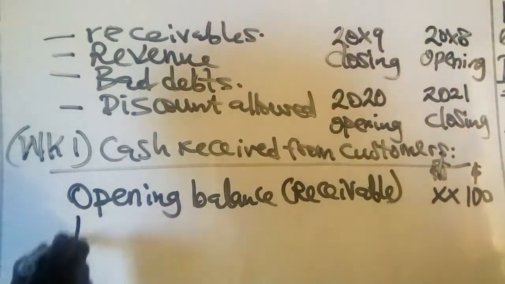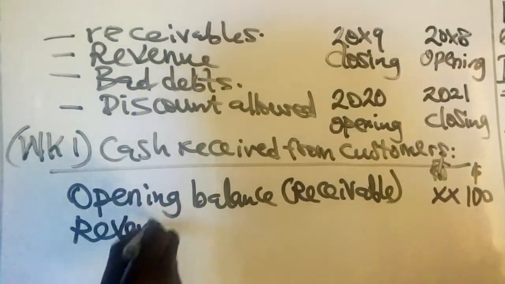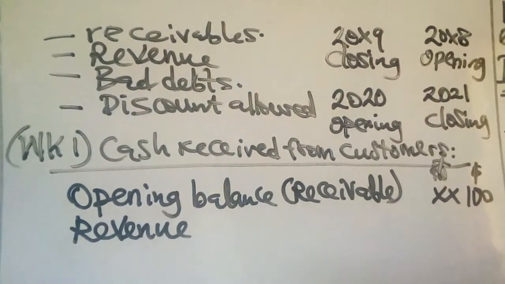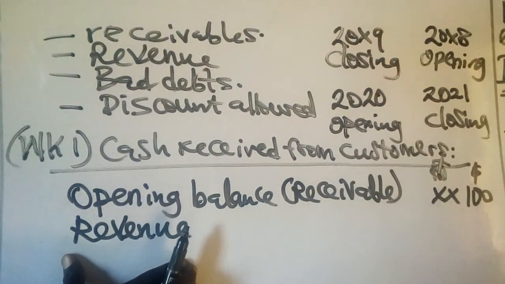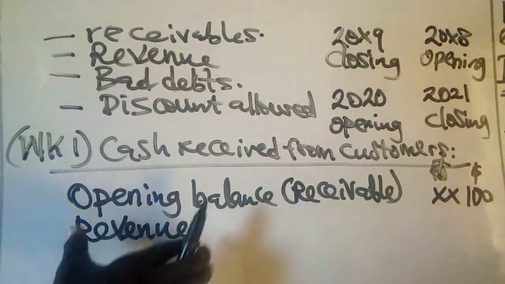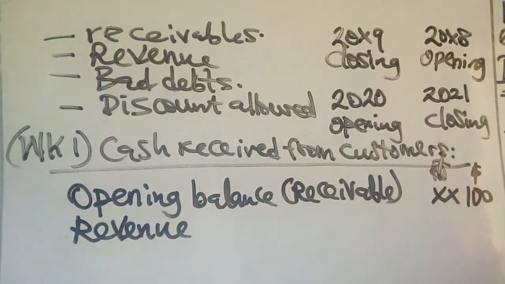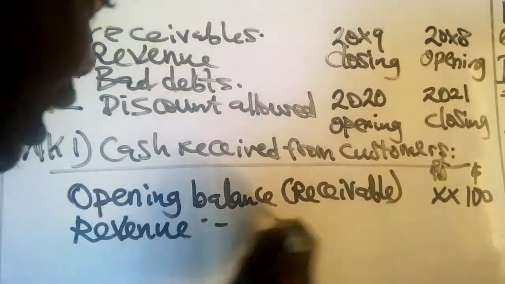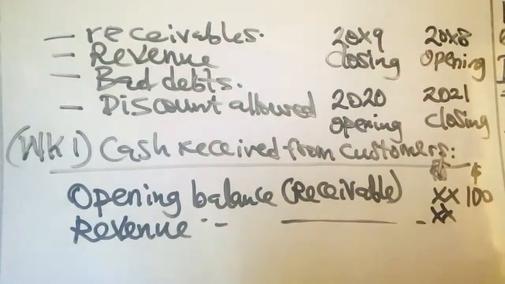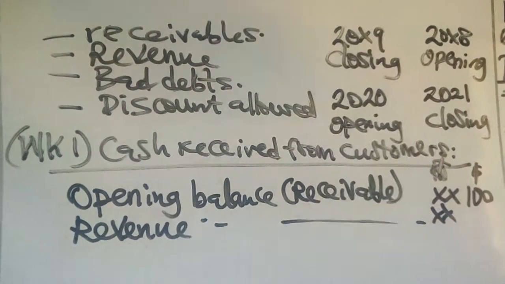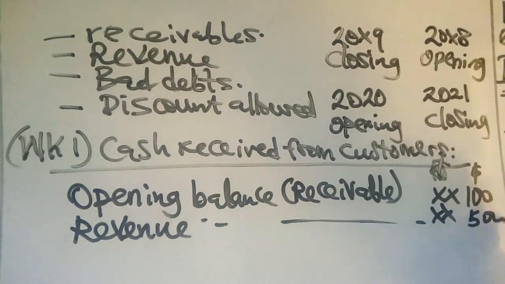Then you now have your revenue. Unless you are told it is cash, you don't need the cash revenue here. Or even though you include it, no problem. But unless you are told it is cash, you know that it is on credit. All your revenue should be on credit. Let us assume your revenue is 500. This is the amount of goods you sell on credit.